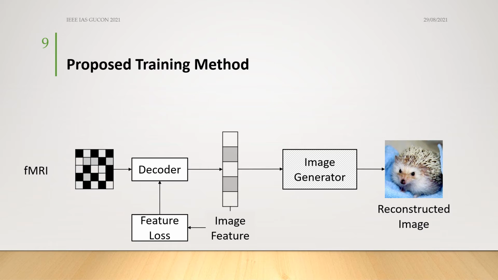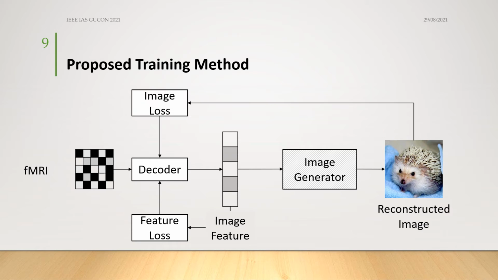And then we calculate the loss of this generated image with that of the original image and use it to train our decoder. The image generator is already trained on external ImageNet images, and we only train the decoder during this routine. The rationale is to make the decoder output consistent with the input distribution with which the image generator is trained.